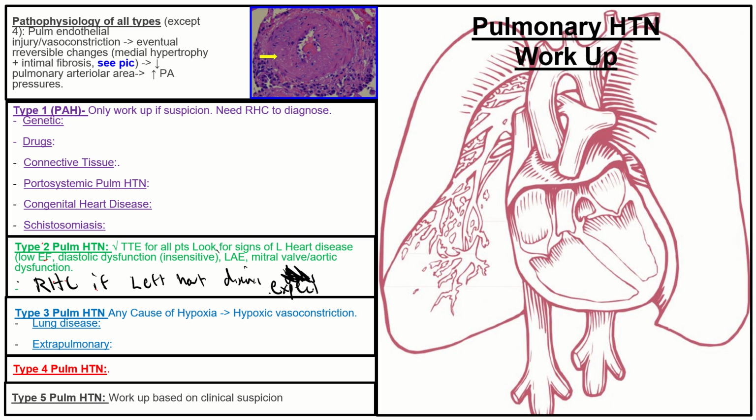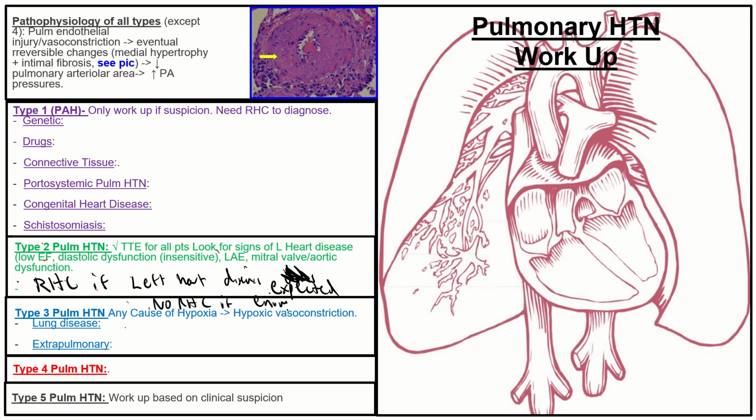I would say if you have enough left heart disease to expect the pulmonary hypertension, an echocardiogram is enough. Same thing with the lung disease, right? So if there is enough lung disease to expect pulmonary hypertension, no right heart cath.